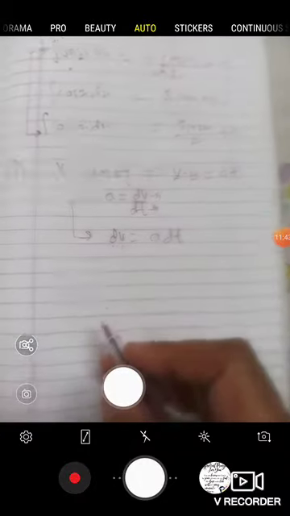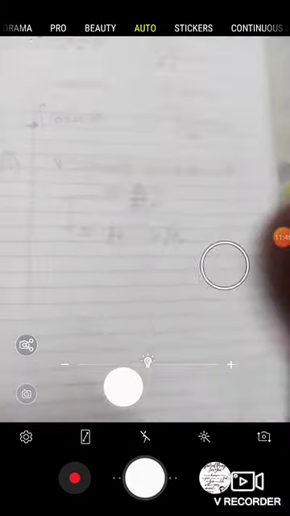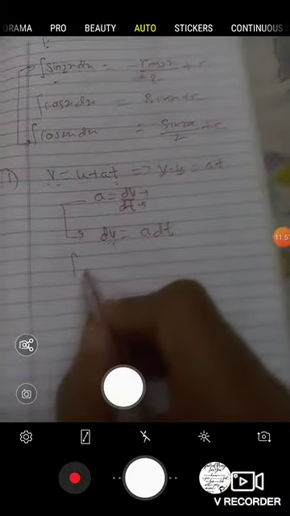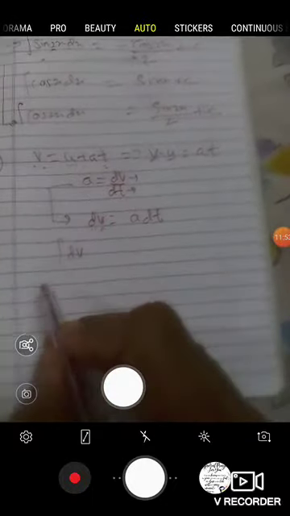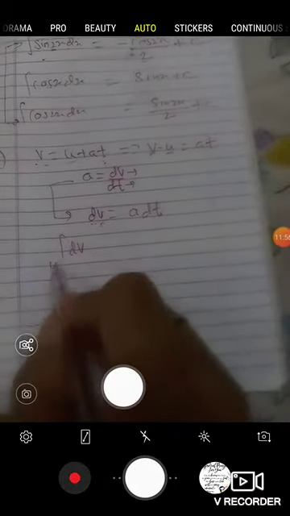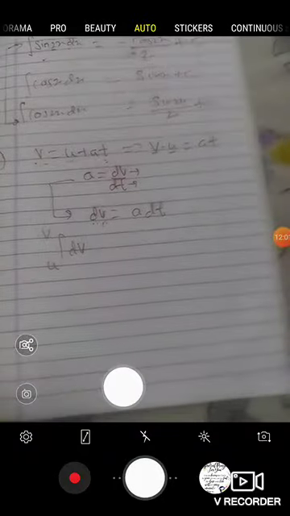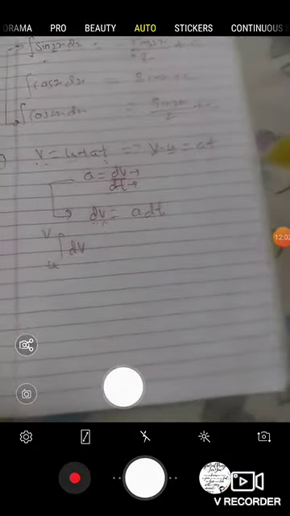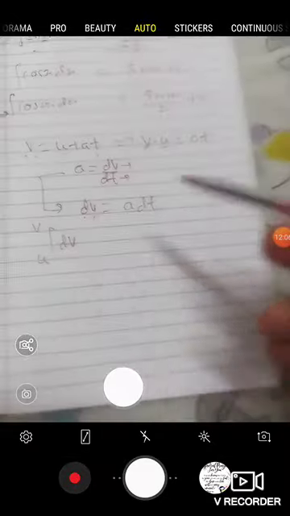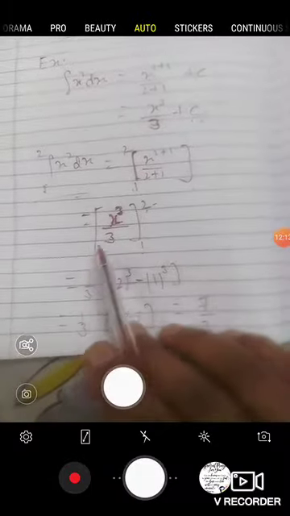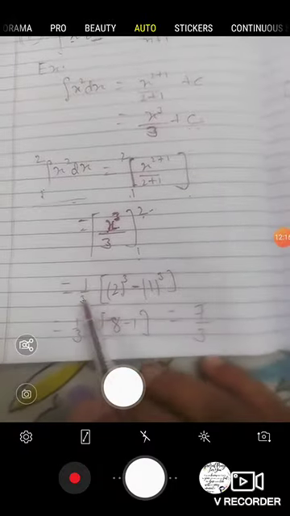So I will play one trick here. To integrate this term, I will use one technique. I will integrate this dv from lower limit u to upper limit v. Why? We know that whenever we put the limits, we always put upper limit minus lower limit. I told you in the last example also, where we were integrating it, 1 by 3 I had taken outside.